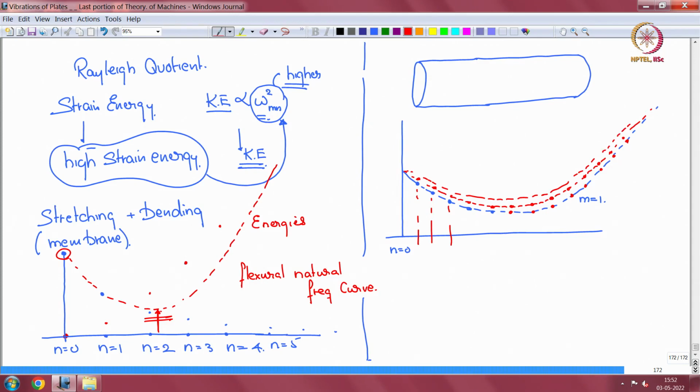That means at any frequency, suppose this is some 100 hertz or so, there are that many modes close to 100 hertz which are low order modes, and if I extend this line, there are again so many modes close to 100 hertz. These are higher order modes.